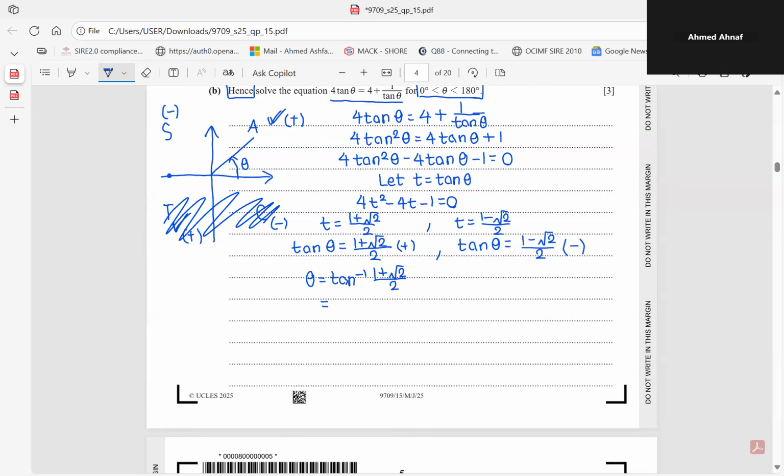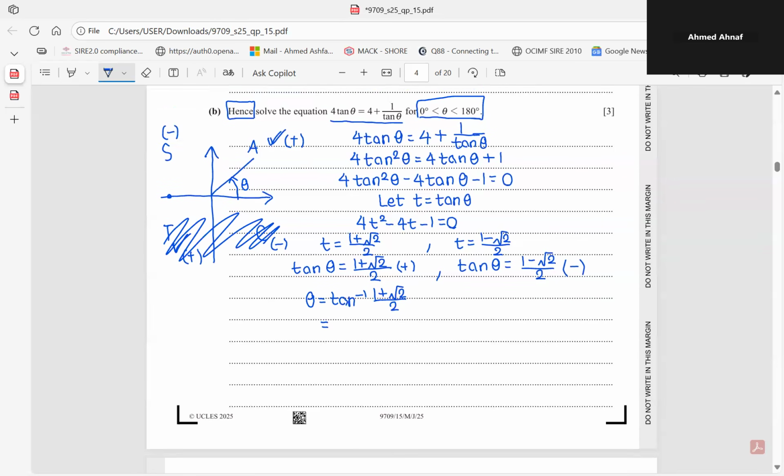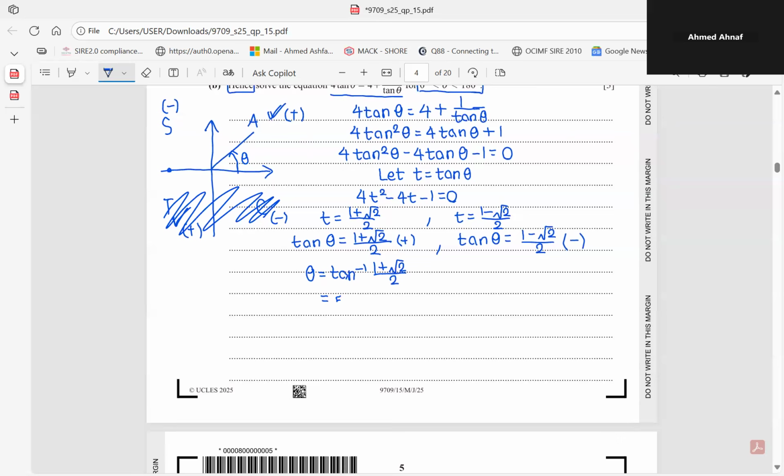Okay, now type it into a calculator and make sure your calculator is in degree mode because the domain is given in degrees. So we'll get 50.4 degrees to 1 decimal place. Answers in degrees should always be given to 1 decimal place. Take note of that.